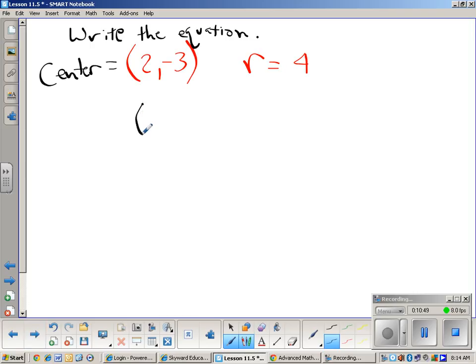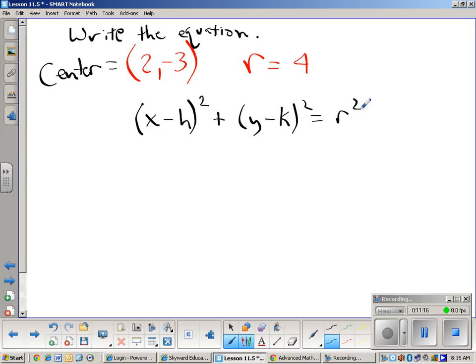No, standard form. Just give me the standard form. There's no plus in there. X minus what? X minus h squared plus y minus k squared equals radius squared. Thank you. That's correct. So that's our model we're using.